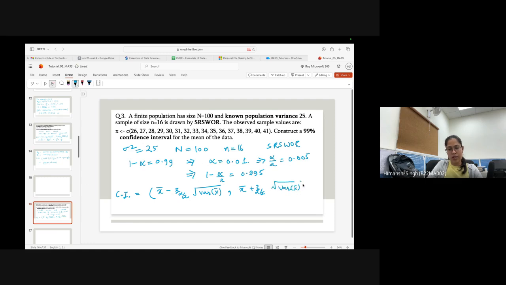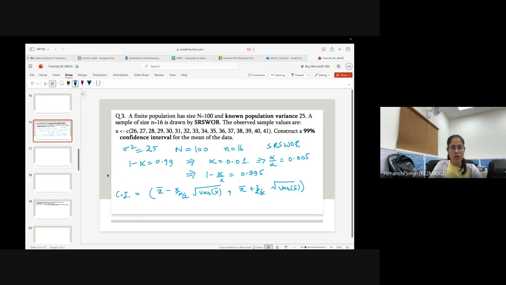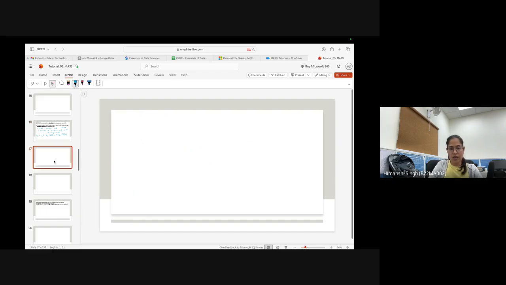Here this is not the estimate, we are taking the variance of x bar. First of all, x bar will be calculated using the mean. Z alpha by 2 can be calculated using the qnorm command. Now what will be the variance of x bar?